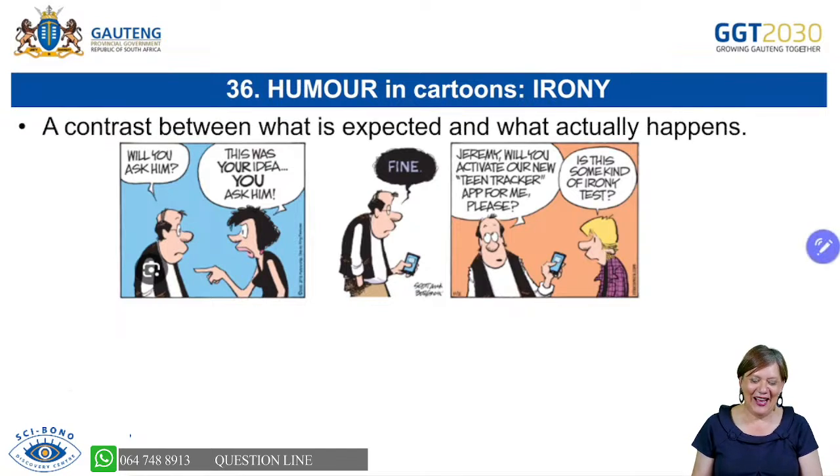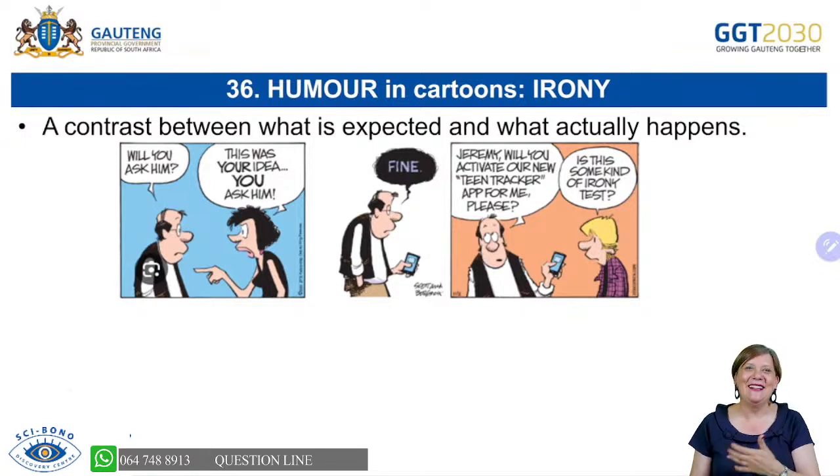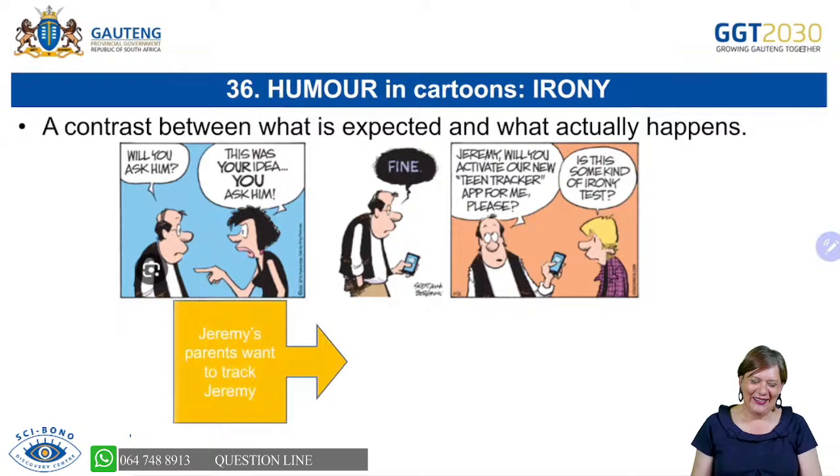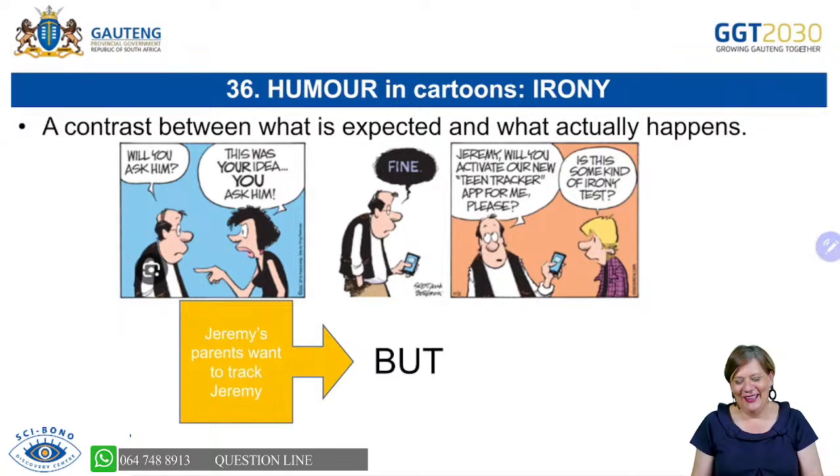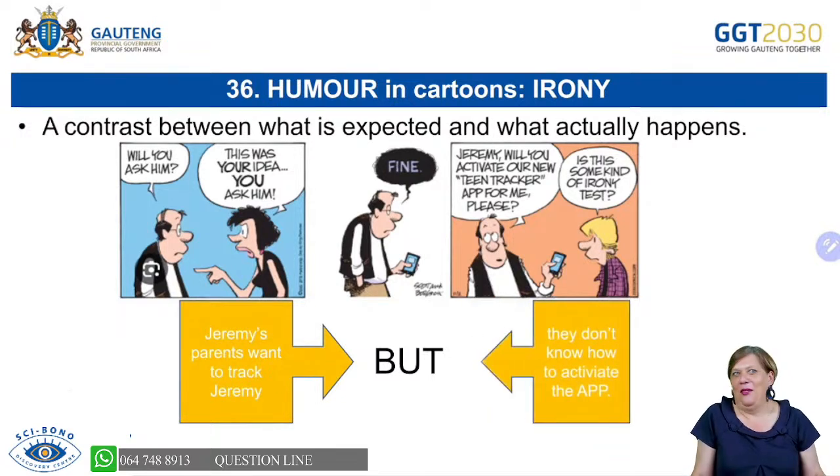Now, if you're using irony, remember it's the difference between what we expect and what actually happens. Right. So Jeremy's parents want to track him. You understand that? But they don't even know how to activate that.